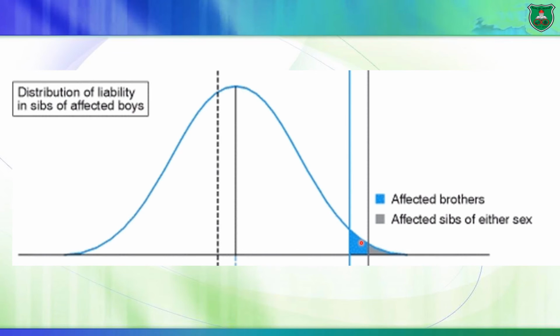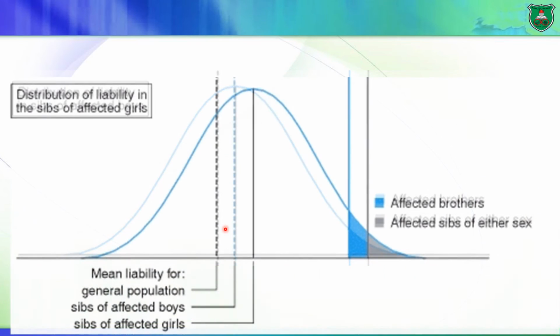The proportion of males is much higher, as well as the proportion of females. Yet still, males are more affected than females. What if a female is affected? Again, there's a shift to the right. Now the proportion of individuals being affected is much higher, and males are still more affected than females.